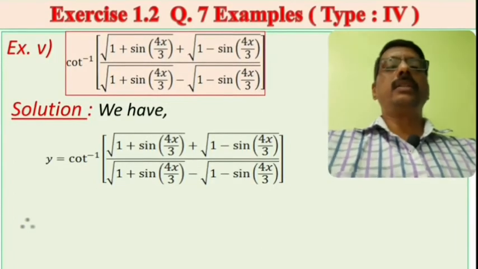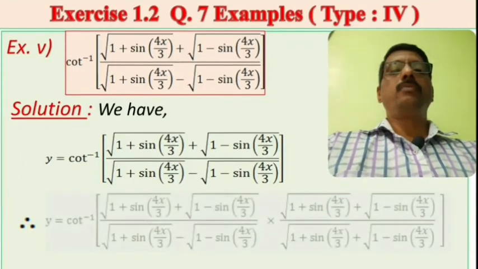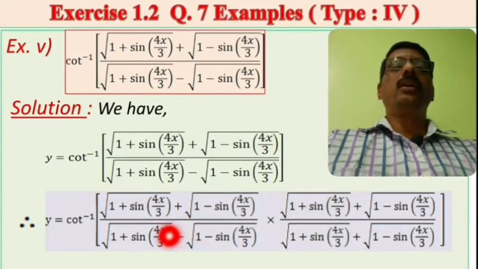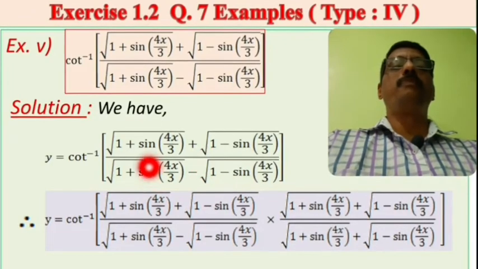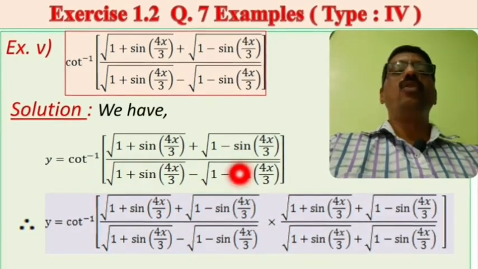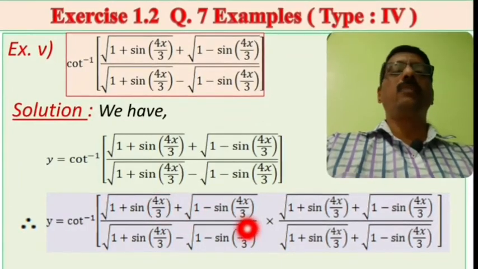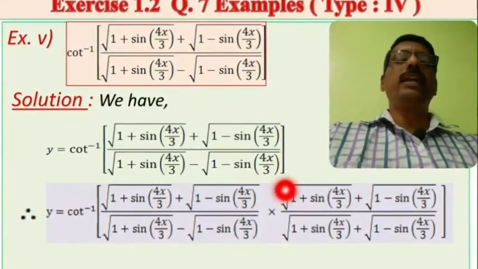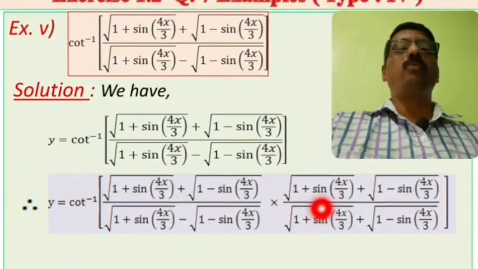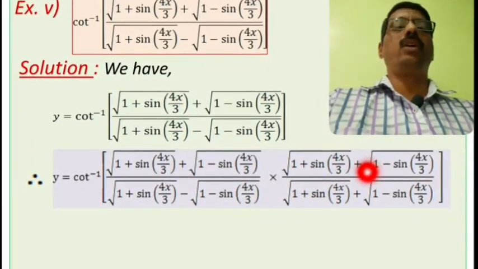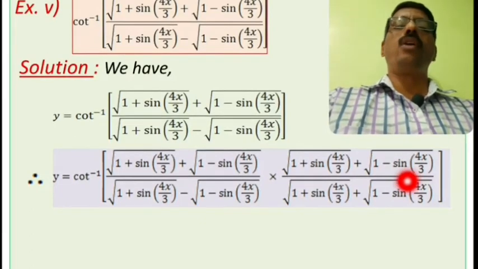Okay, firstly take y equal to cot inverse of. Again, here the given function is in irrational form. Therefore, we have to convert that irrational form into rational form, and therefore multiply numerator and denominator by root of 1 plus sine of 4x upon 3 plus root of 1 minus sine of 4x upon 3.